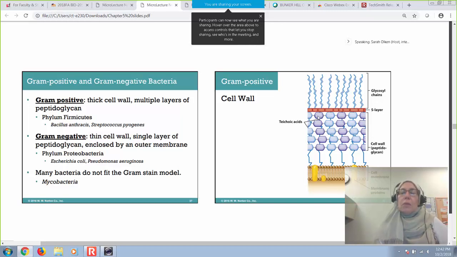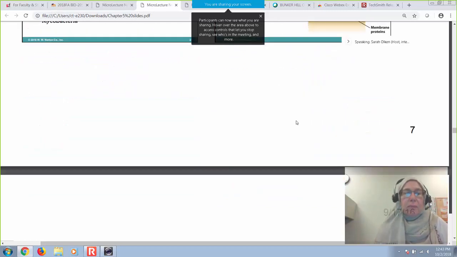But that peptidoglycan is completely permeable. It's just a lattice work. Large molecules, charged molecules, small molecules, polar molecules, anything can get in and out. So it's not restricting any movement of molecules in or out of a gram-positive bacterium.